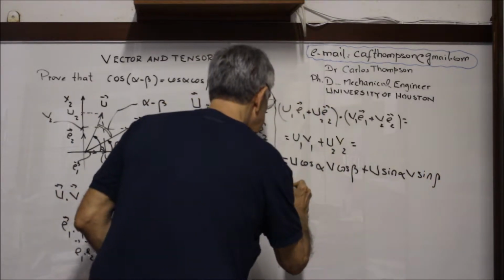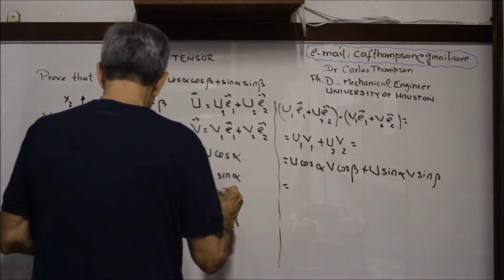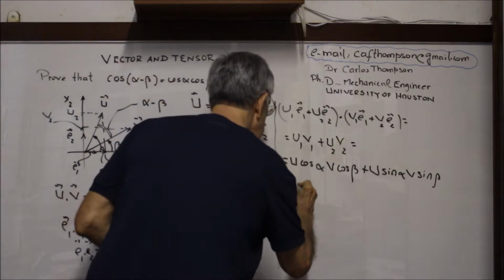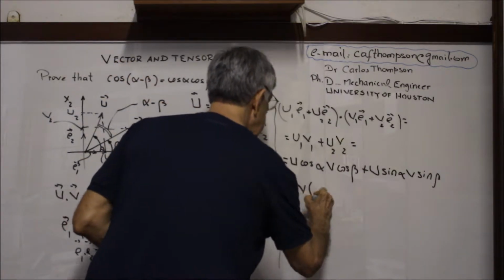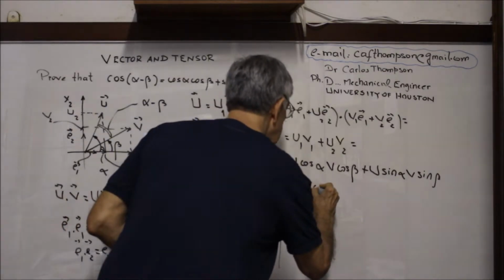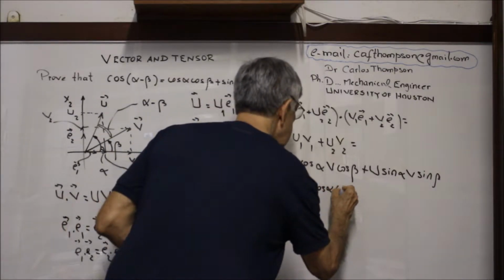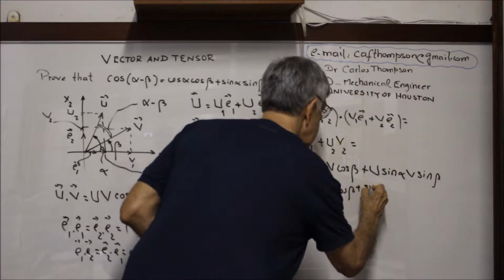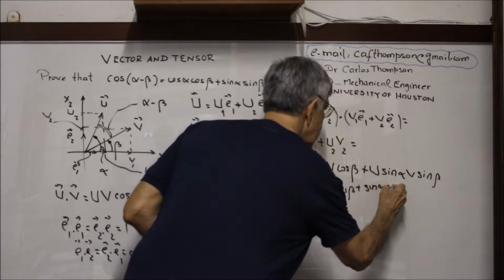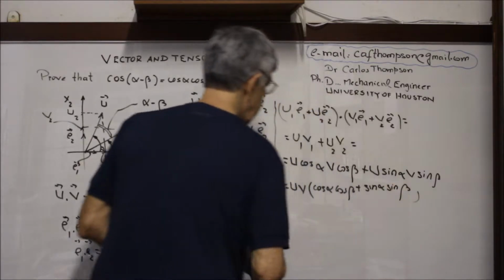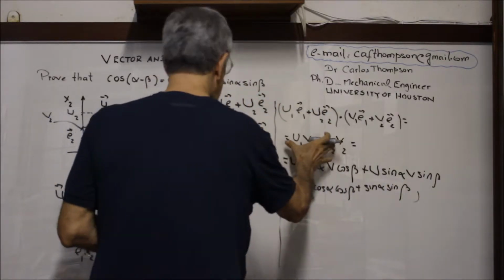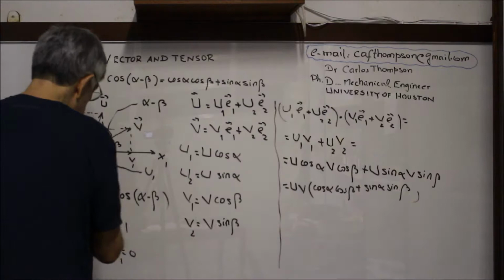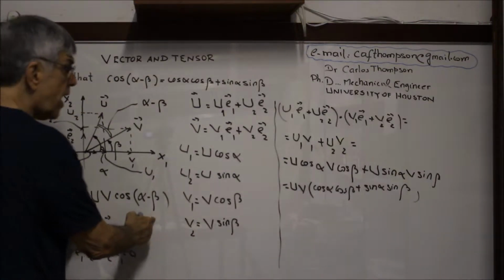This is equal to u v that multiplies cosine alpha cosine beta plus sine alpha sine beta. Okay, this is equal to the right hand side.